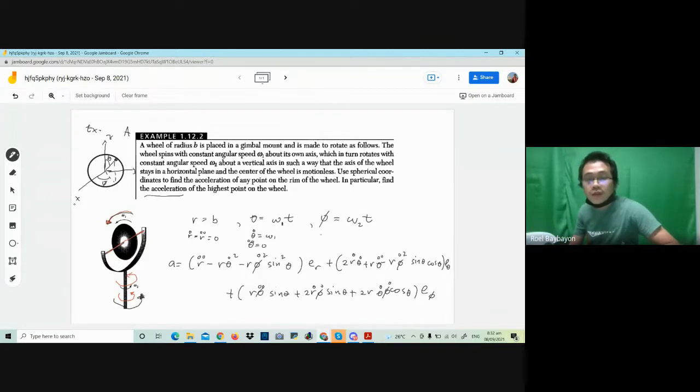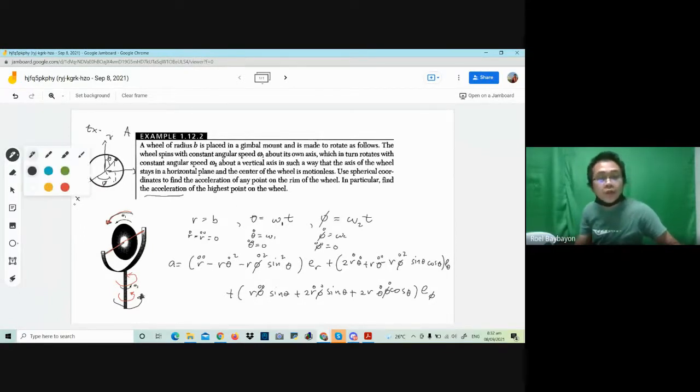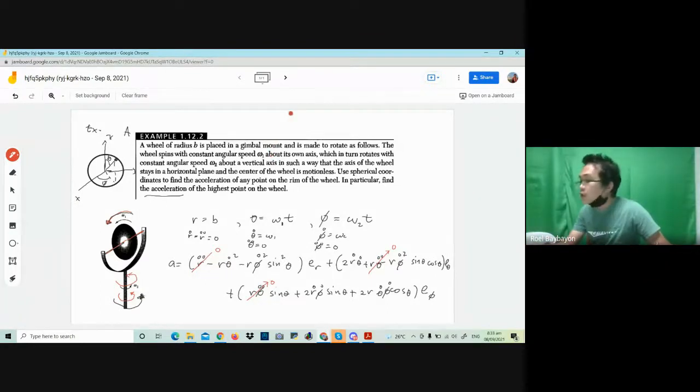Phi dot equals omega 2, but phi double dot is equal to 0. So therefore, those terms become 0, this one 0, this one is also equal to 0.